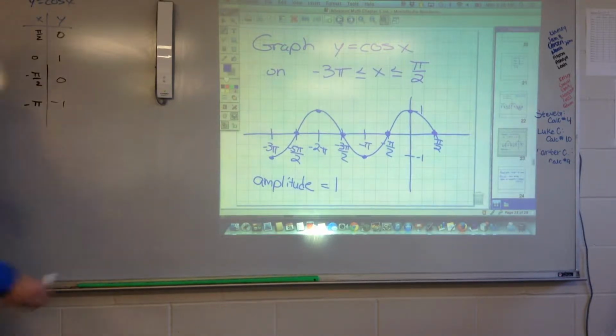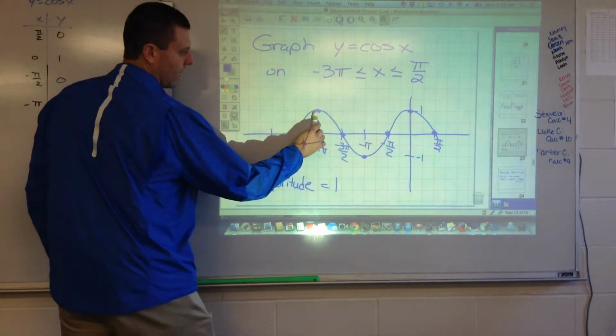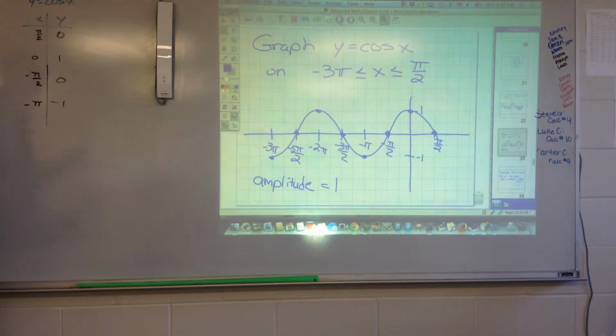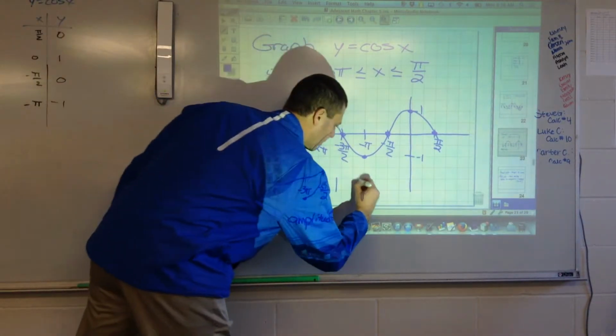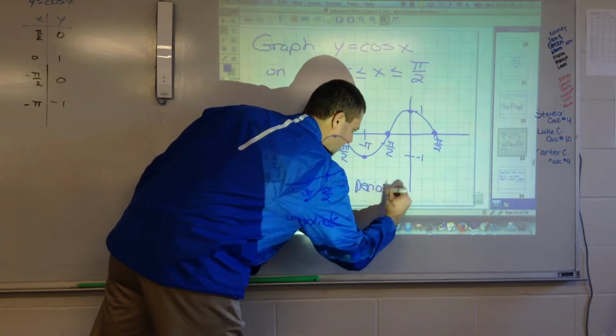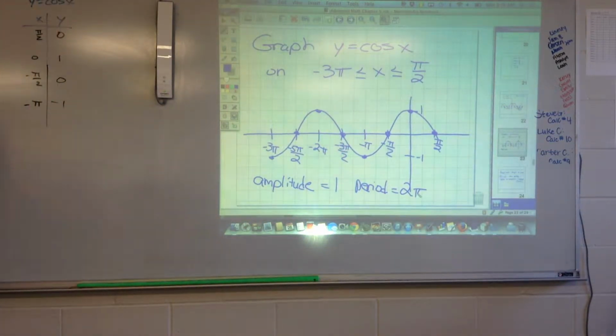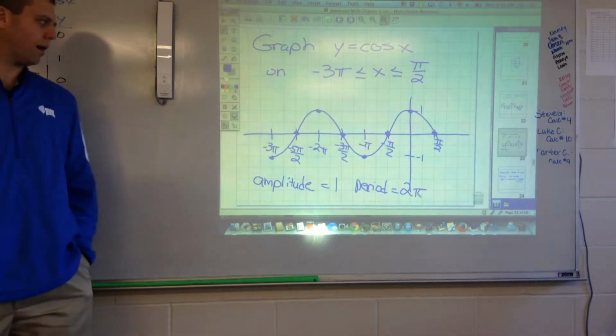Yep, 2 pi. Because to go from negative 2 pi to 0, you went 2 pi units for it to complete one full cycle. So the period on this graph is equal to 2 pi.